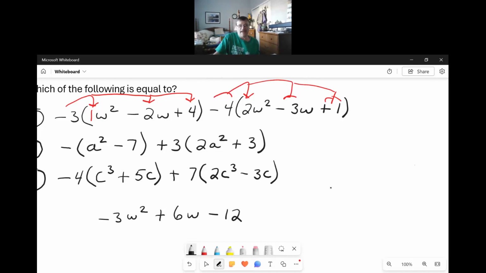Negative 4 times positive 2 is negative 8w squared. And negative 4 times negative 3 is positive 12w. Remember, rule 4 we're working with. And then negative 4 times positive 1 is negative 4. Okay, we're done with rule number 4. We're going to look at rule 1 and rule 2.